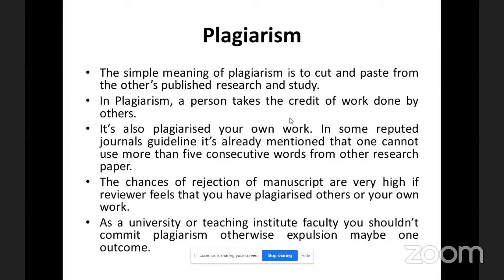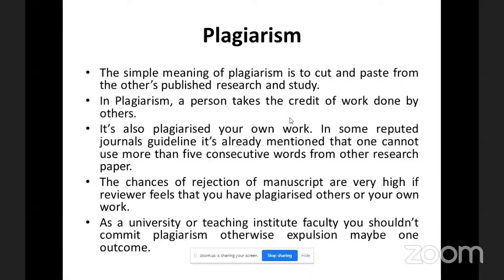Like if you are utilizing some equations which were already formed by some other researcher and you directly use them for the modeling of your work, without providing a proper reference citation to those who developed these equations, that also comes under plagiarism. So be attentive when you are writing a research paper.